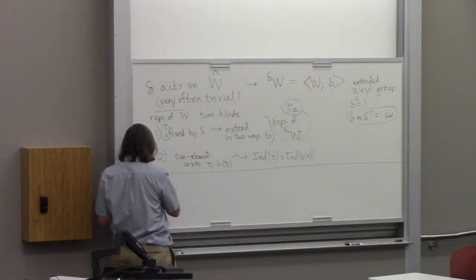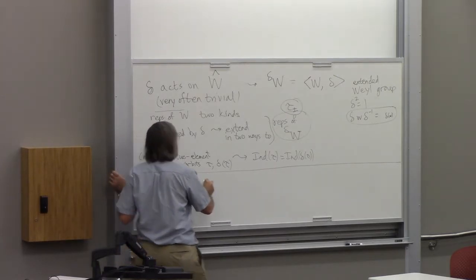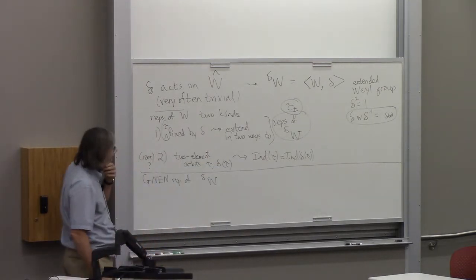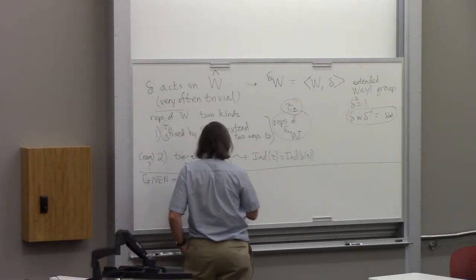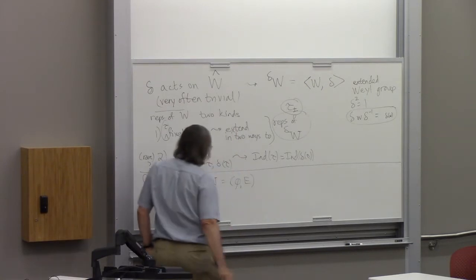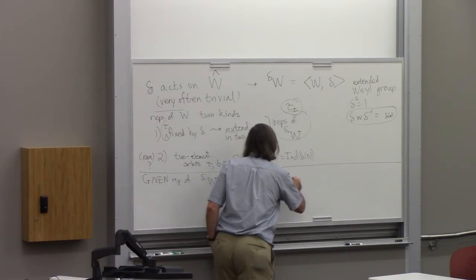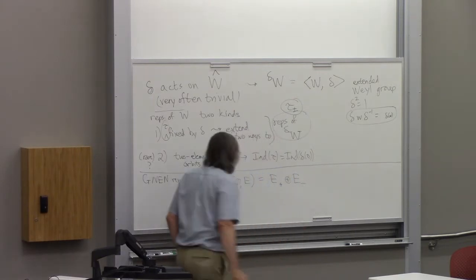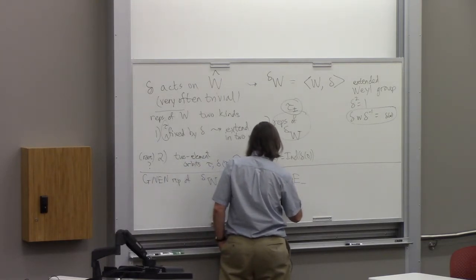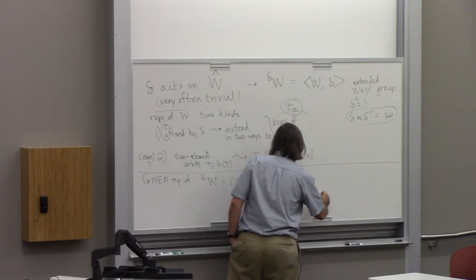So if we're given a representation of this extended group, let me call it E, I can write it as E plus direct sum E minus, where these are the eigenspaces of delta.